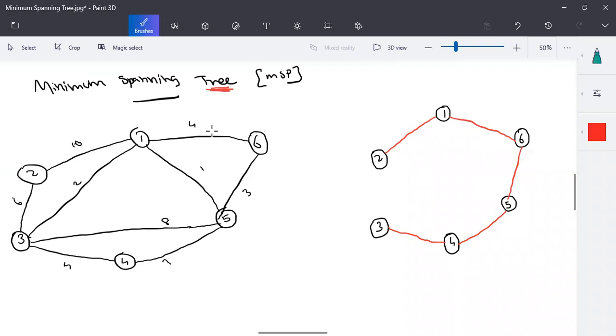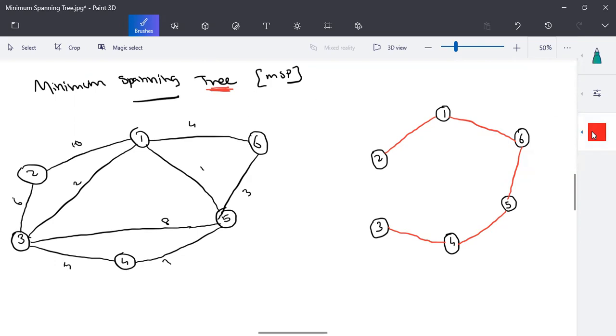A graph with no cycle is called a tree. And a spanning tree is one where all the nodes are connected, with no isolated node and no cyclic structure. That is called a spanning tree.